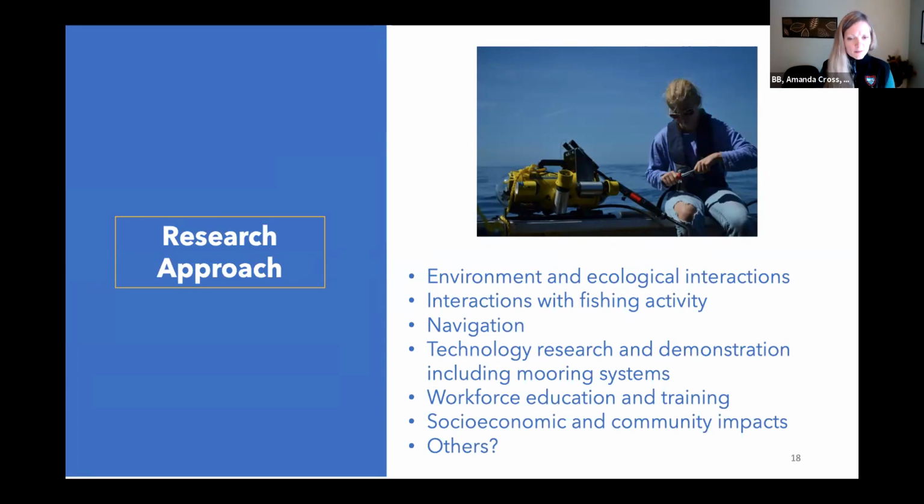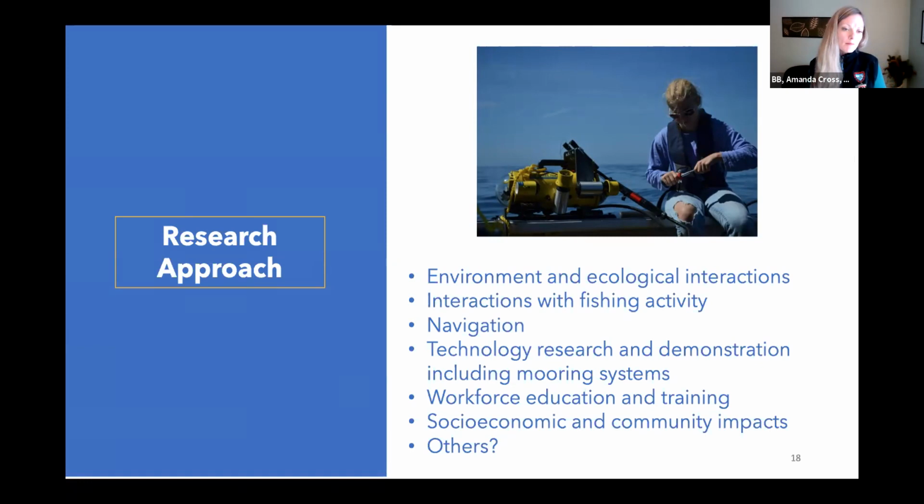You can see a list of them there in front of you on the screen, but we're really thinking about considerations from a technological side, as well as interactions with fishing activities, socioeconomic considerations, workforce and education, and other topics that might come up. So while our discussions today really are focused on that first bullet, please keep in mind there's a broader array of questions that we're thinking about.